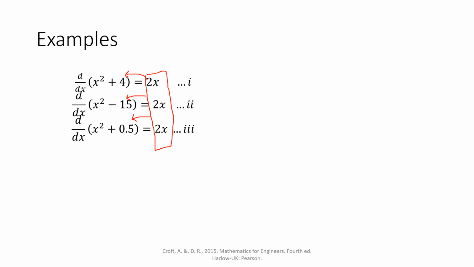Which gives a concept that while we are going in reverse, an extra number should be produced. While in differentiation, if you see, this extra number disappears here, this extra number disappears here, and this constant disappears here.